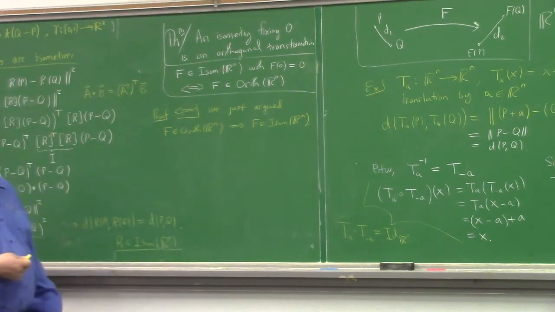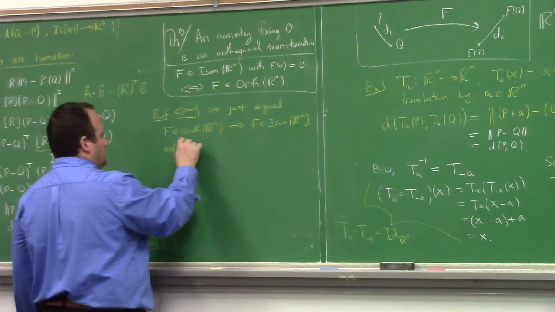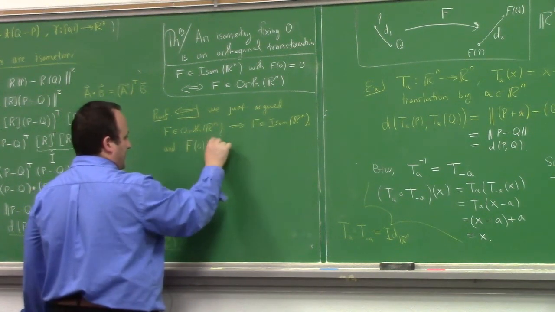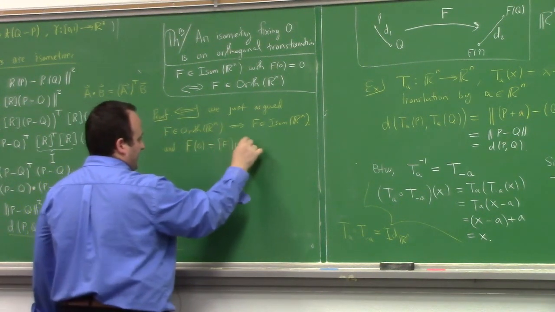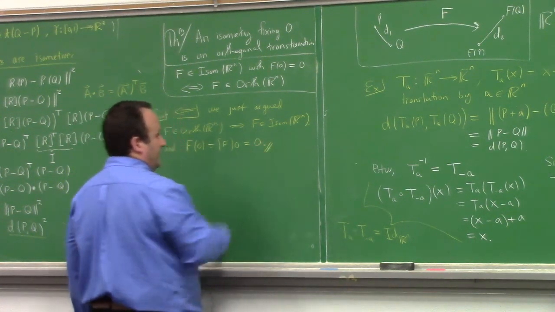Orthogonal implies isometry. Does an orthogonal transformation send 0 to 0? Let me ask you a different question. Does a linear transformation send 0 to 0? It does, because f of 0 is equal to the matrix of f times 0, which is equal to 0. All right, so yes. Great. So we're done with that direction of the proof.